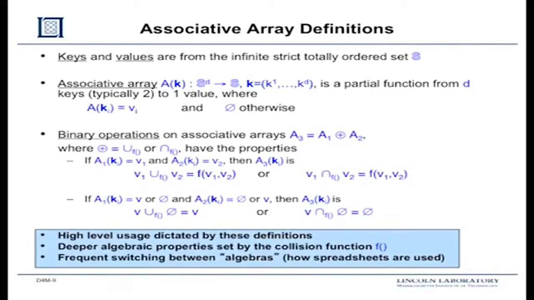Well, the keys are a part of a set, and so they get the union and intersection properties of a strict totally ordered set, which is the intuitive use of union.